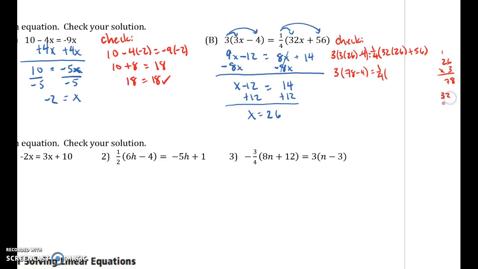Again, I don't know all this stuff in my head either, so it doesn't take very long to just do it on the side. 6 times 2 is 12, 18 plus 1 is 19, placeholder, 2 times 2 is 4, 2 times 3 is 6, and that'll be 832. Okay? Then keep going. I'm going to finish inside the parentheses because that's my regular PEMDAS. 78 minus 4 is 74.